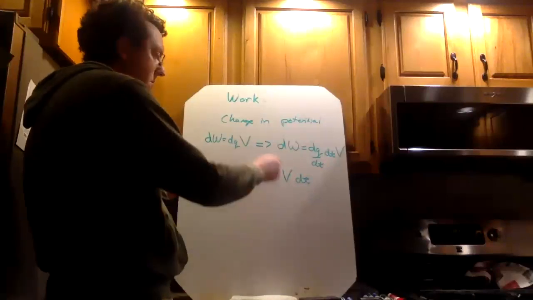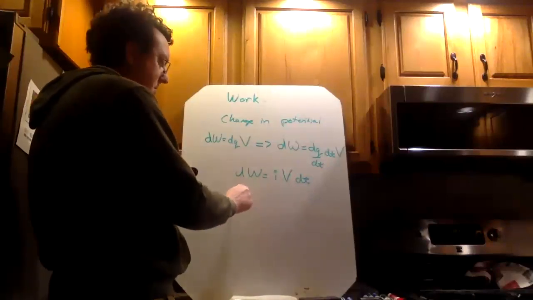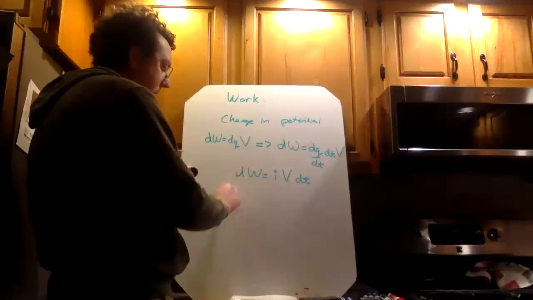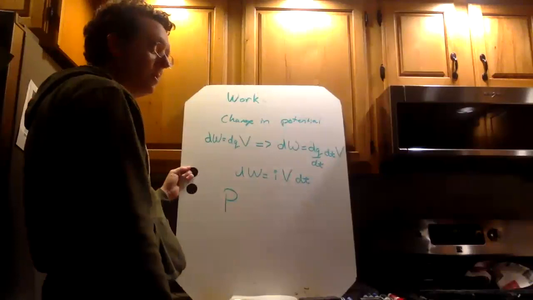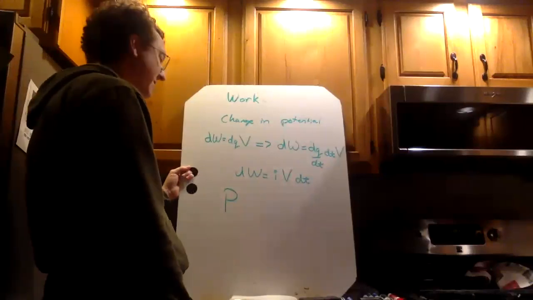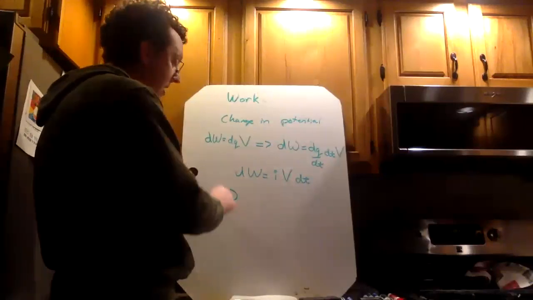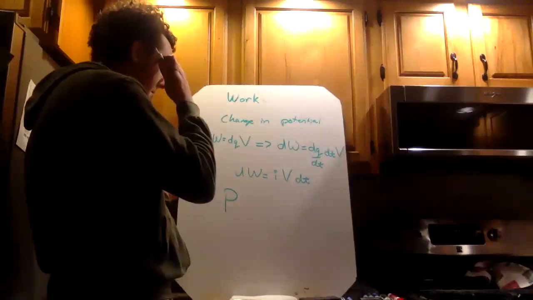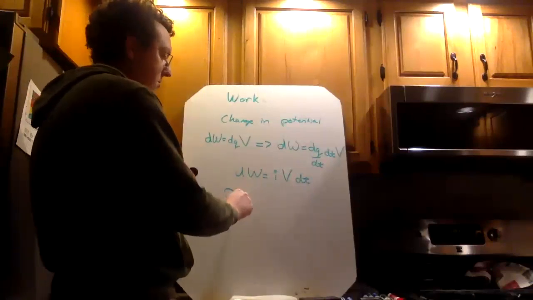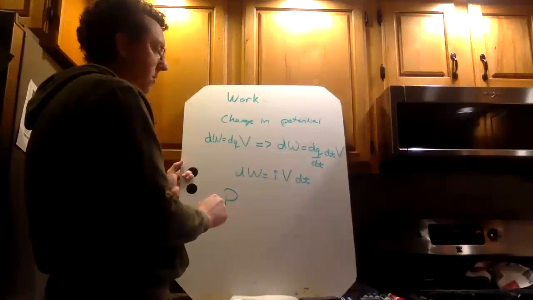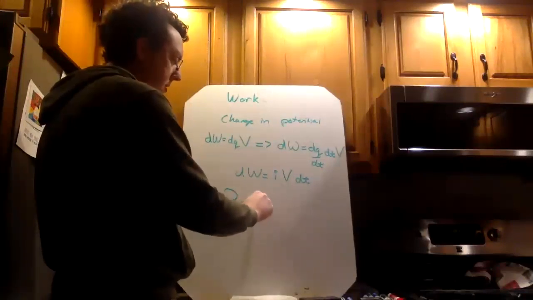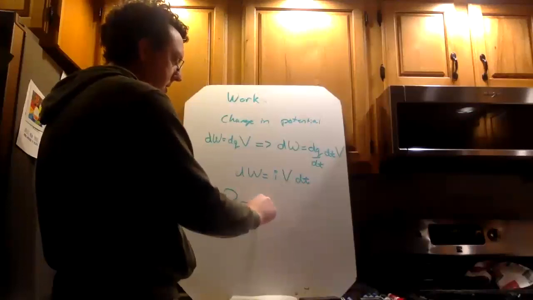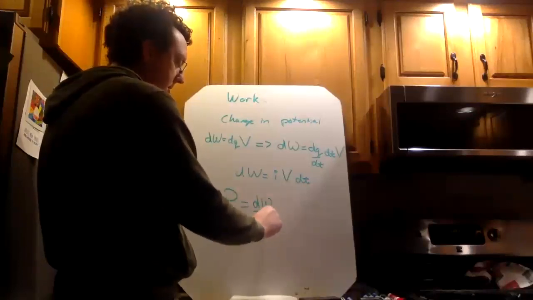We can then divide everything by time, and we can say that the power, capital P, not the polarization vector and not the dipole moment vector, I apologize, I'm just out of letters, the power associated with moving the current through a voltage is dW/dt, that's the work.